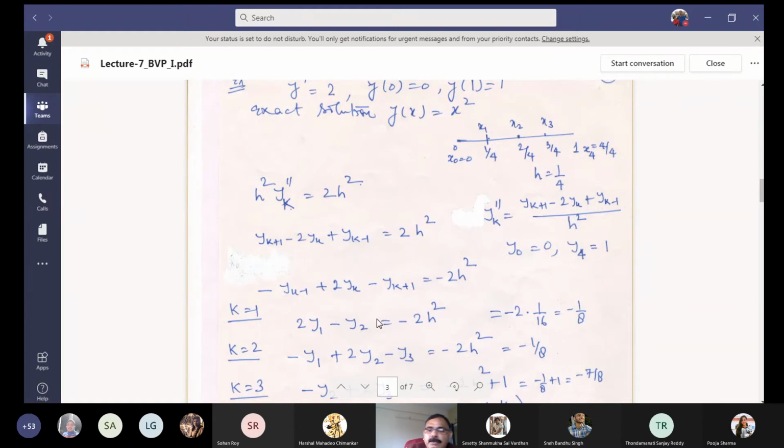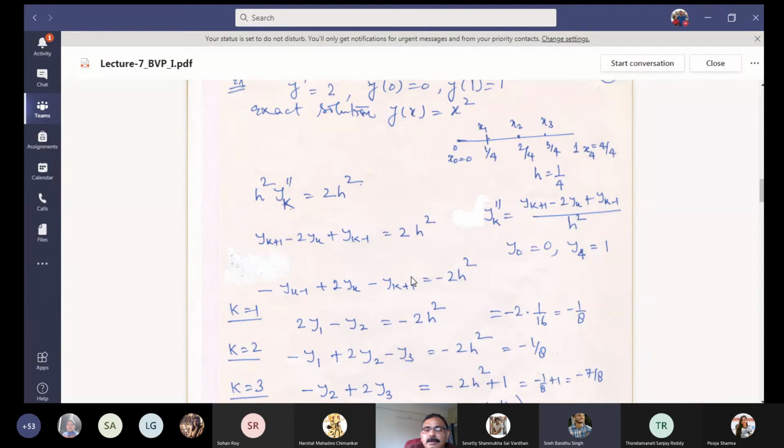Next go for k equal to 3. With k equal to 3, you will get minus y2 plus 2y3 minus, this will become what? y4. Is that right? Snehbandhu? Yes, sir.